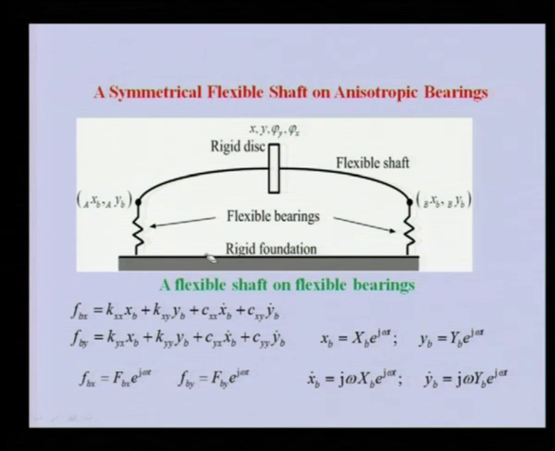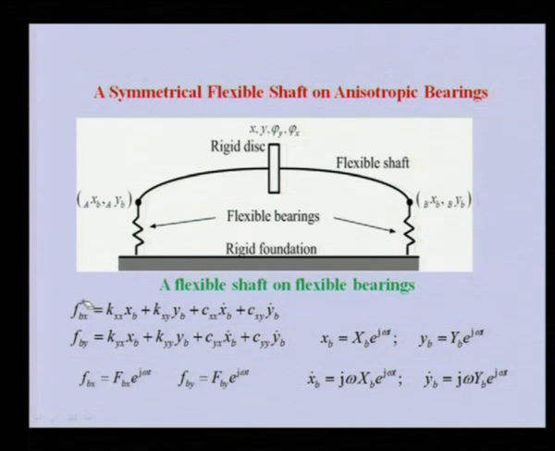First, let us see what the bearing force is due to this displacement. Because of the displacement and the velocity, we can write the bearing force as F b x. This is the bearing force in the x direction, and this is the bearing force in the y direction.